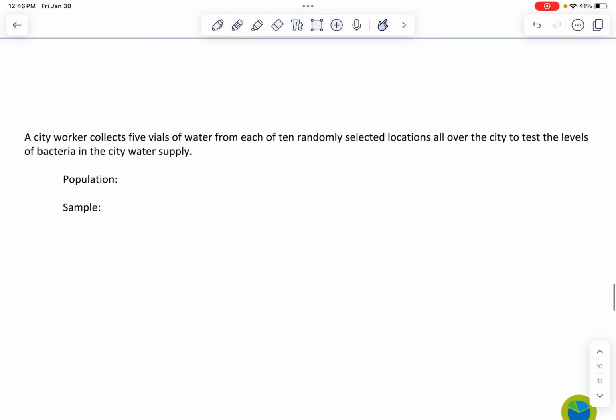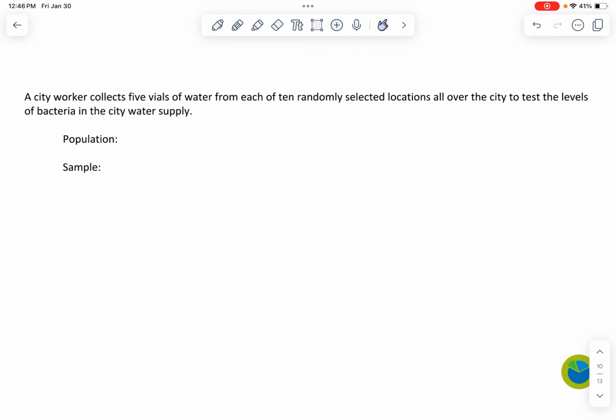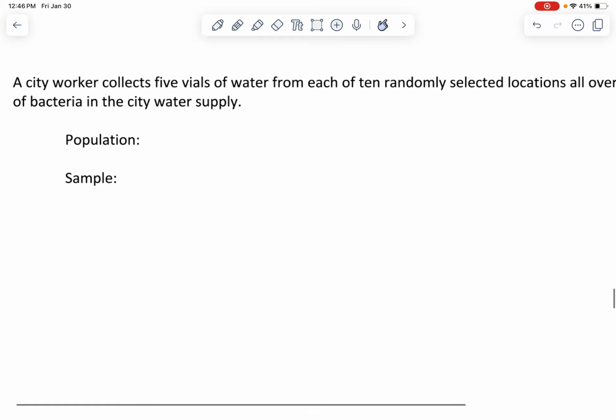Try another one. A city worker collects 5 vials of water from each of 10 randomly selected locations all over the city to test the levels of bacteria in the city water supply. Okay, so the population would be the whole city.